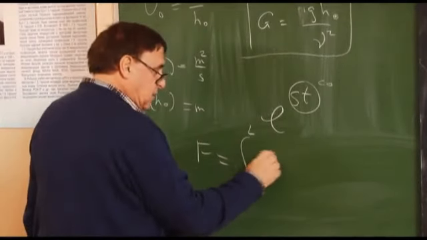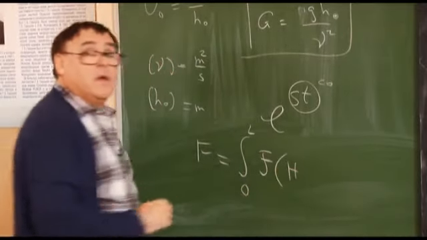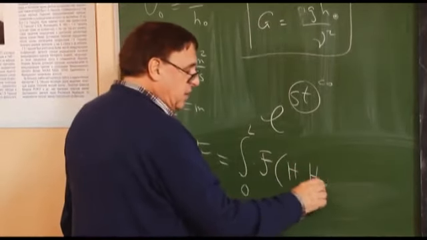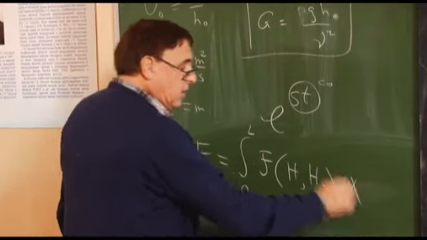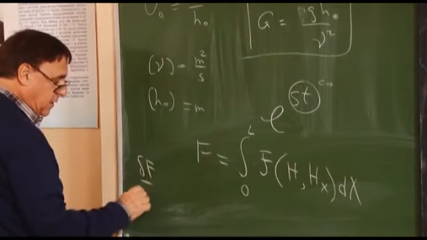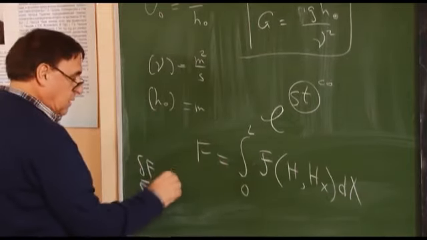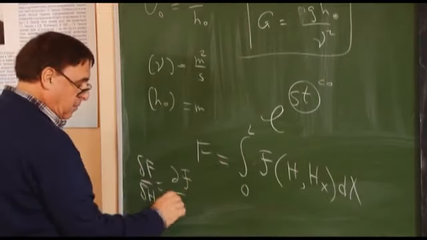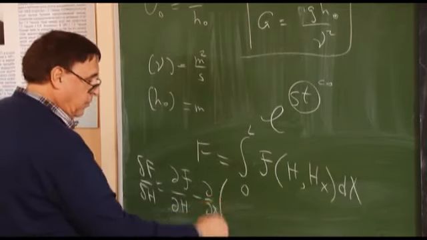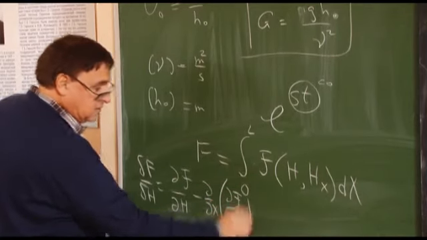And f is some function which depends on the function itself and the first derivative, integrated over x. So delta f by delta h is actually df by dh minus d/dx of df by dh_x.